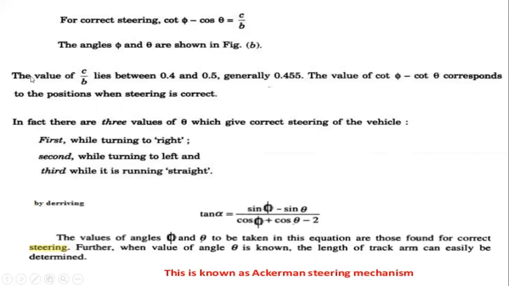And the value of C by B lies between 0.4 and 0.5.